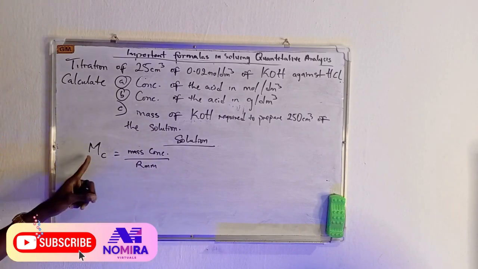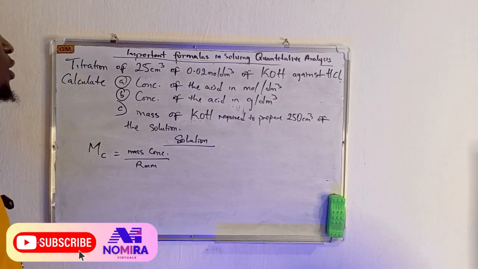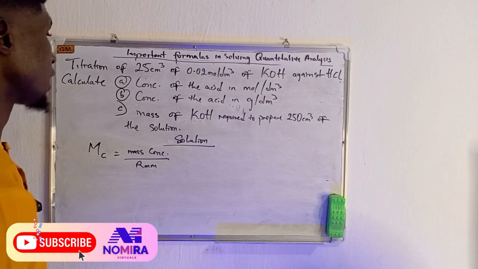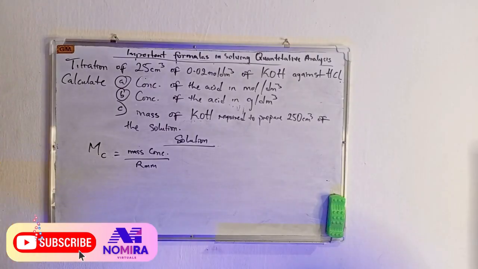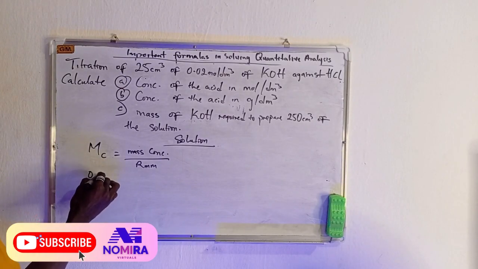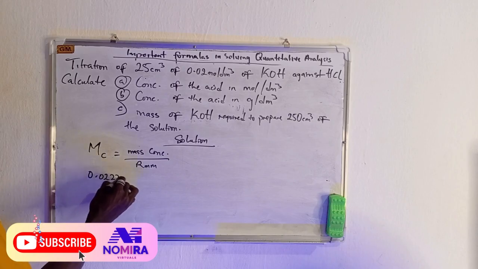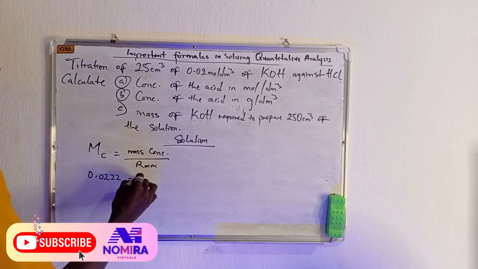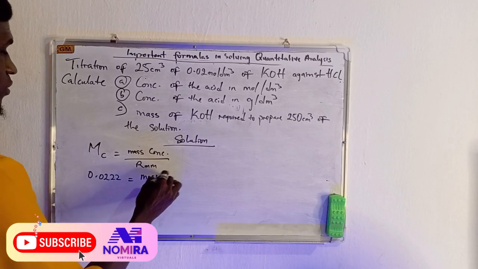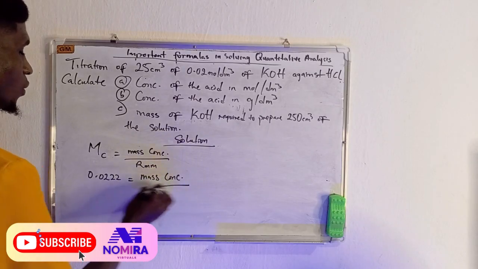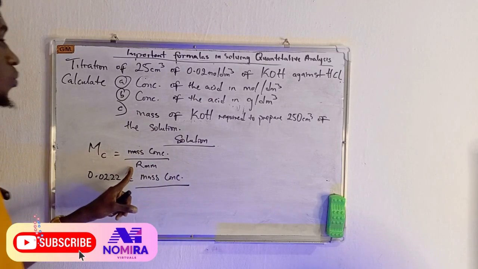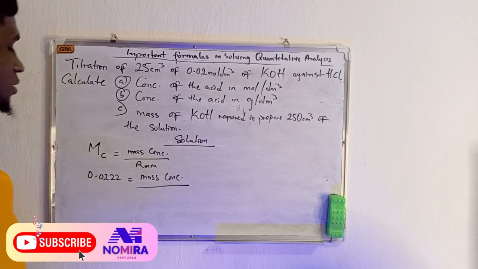So the molar concentration of the acid that we have gotten from the final answer we just solved is 0.0222, equal to the mass concentration we are looking for over the molar mass of the acid.